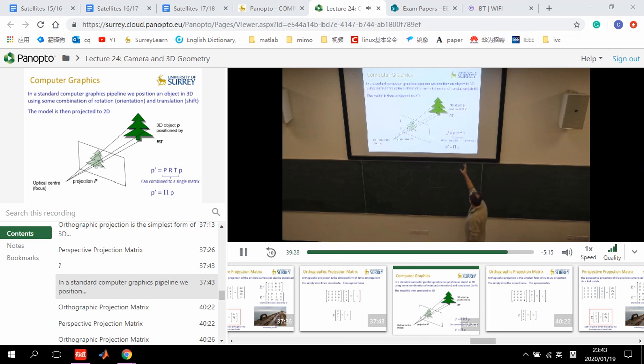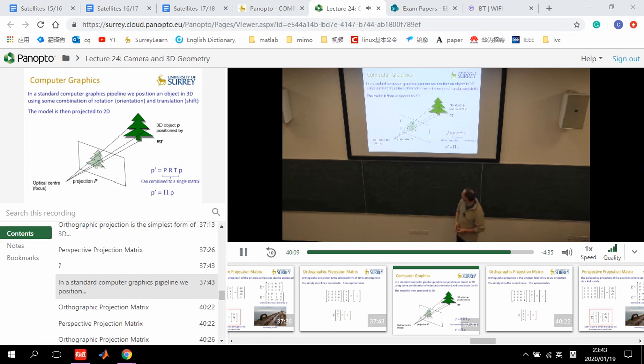So in fact, the process of imaging points in 3D, like P, to produce an image of those points in 2D that I can put on a computer screen, is the process of, first of all, applying some translation or rotation to that point to express where the camera is relative to that object, and then, having come up with the output of those two transformations, applying the perspective projection matrix to that point to project it from 3D down to 2D so that I've got basically XY coordinates to draw it on the screen.